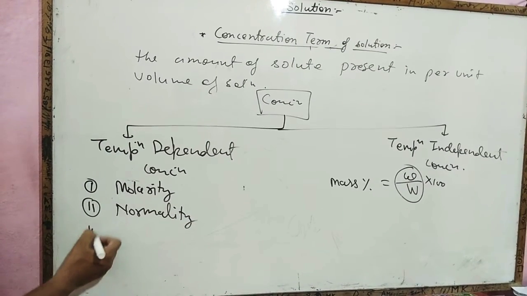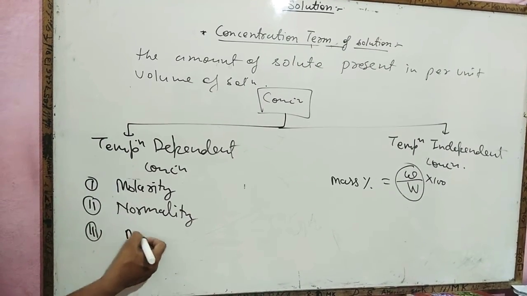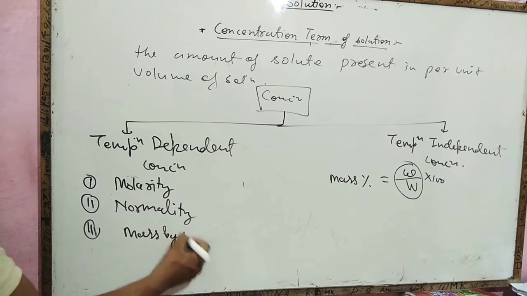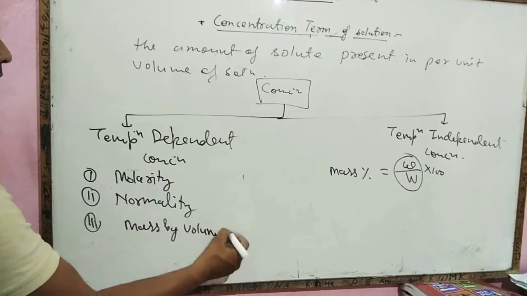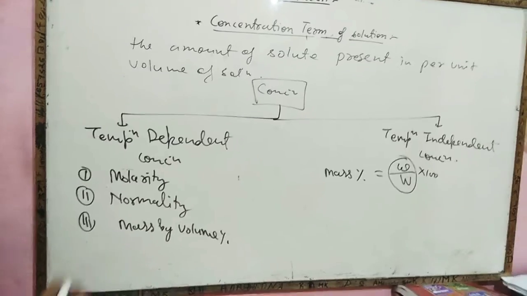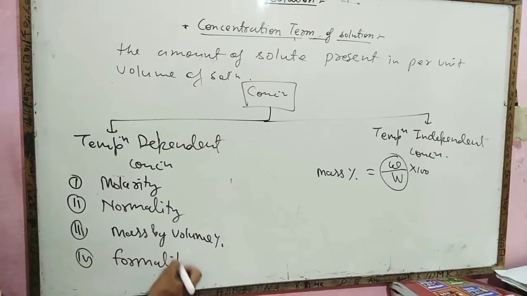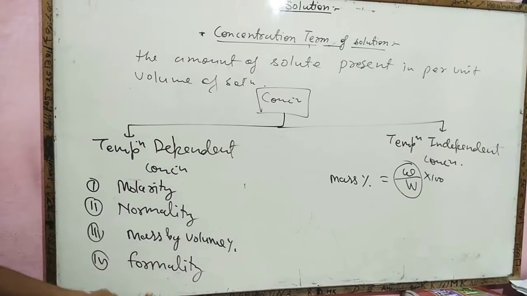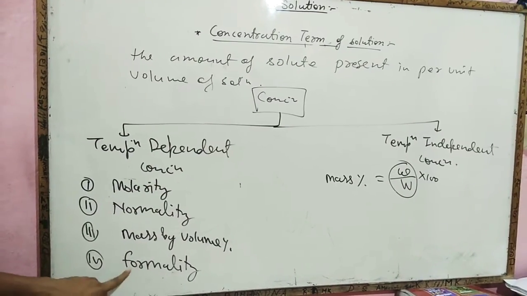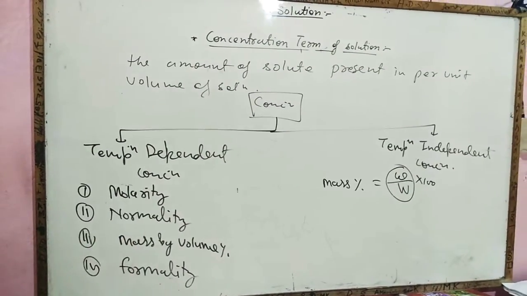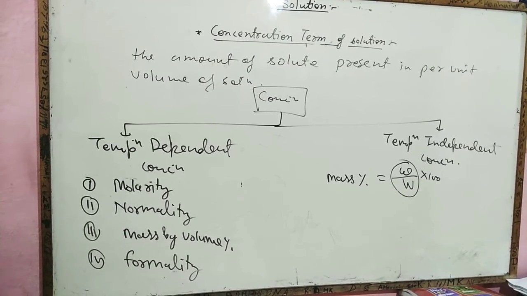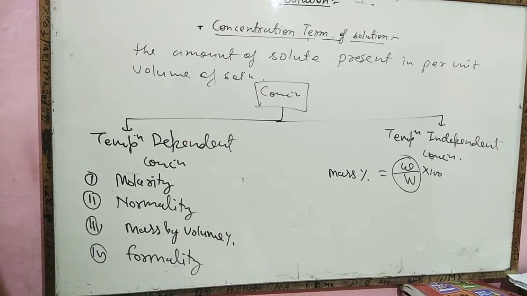Third one is mass by volume percentage. It is also temperature dependent. Fourth one is formality. It is also temperature dependent. Clear? Why? Because when I increase or decrease the temperature, the concentration of such terms will also change.